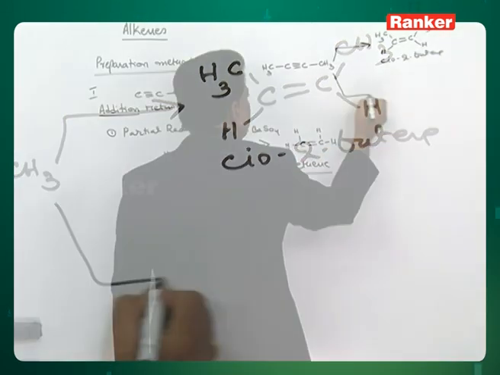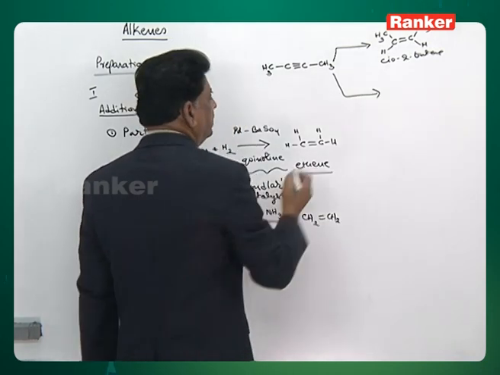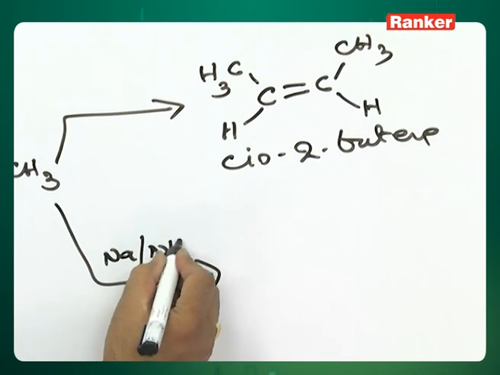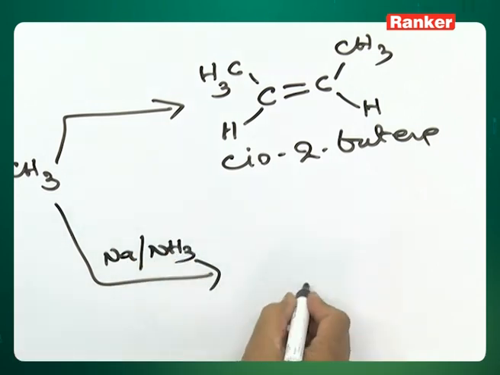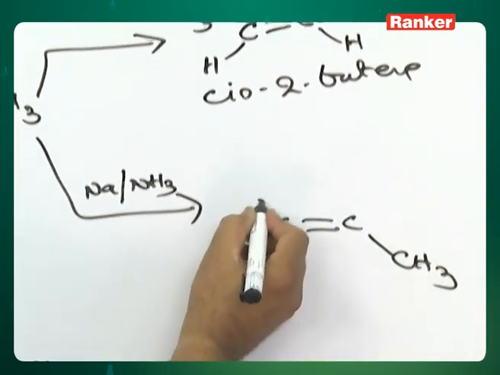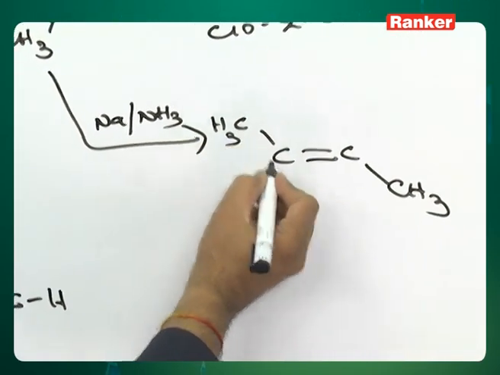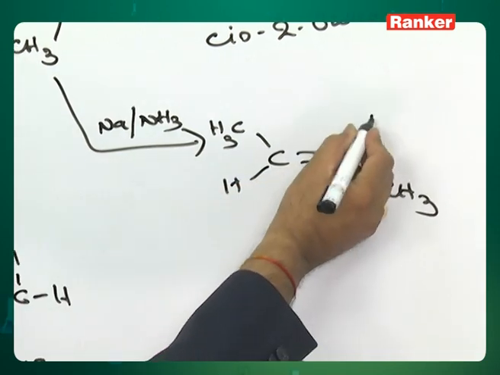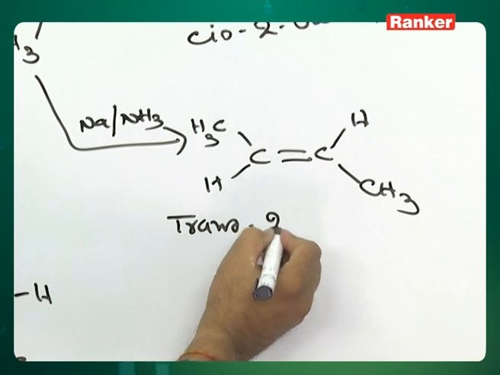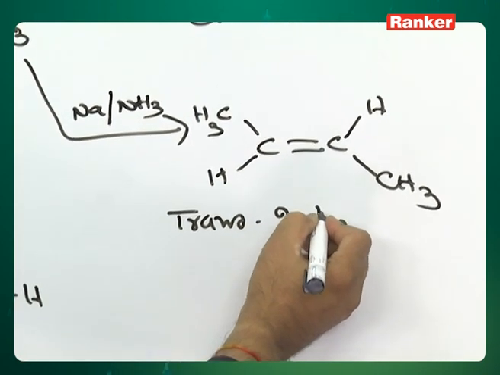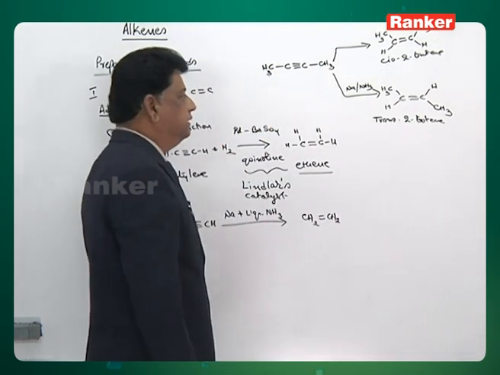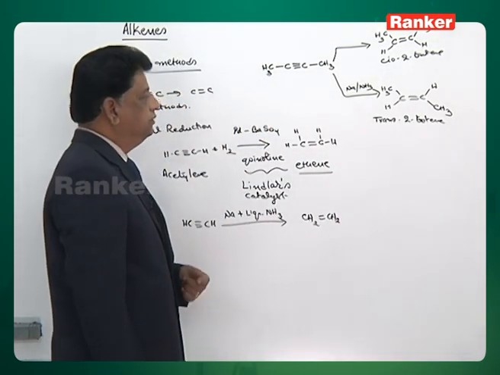Whereas the same compound, if you do the second type, that is sodium and liquid ammonia, this type of reduction will give the butene, but the two methyls are opposite, that is called trans 2-butene. So both are different now. In the first case cis 2-butene, and in the second case trans 2-butene.